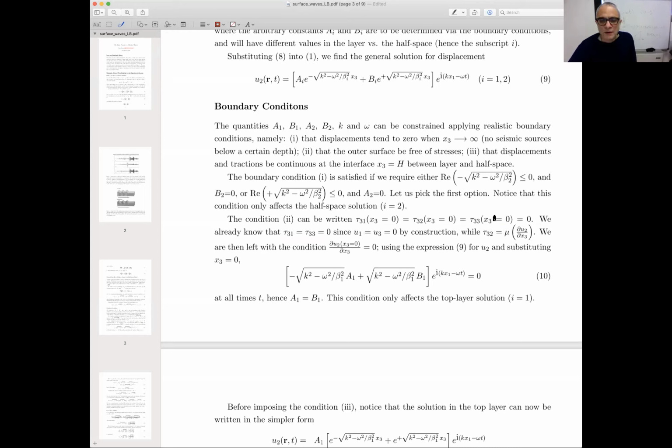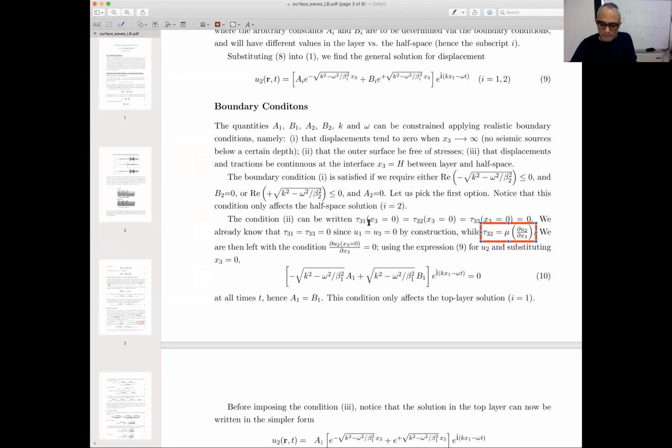So we are left with only one condition at the outer surface, which is a condition on the remaining component of stress. And I'm talking not about all the 9 components near the surface, but about the 3 components that act on that very surface, okay?